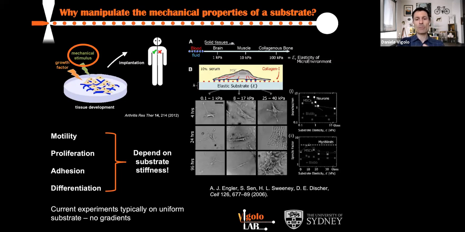So if you remember the example I mentioned at the very beginning of my talk in terms of the tissue connecting the tendon to the bones, this is a very small tissue, just hundreds of microns, where the structure is changing dramatically across that kind of size. So creating gradients is one of the ways that nature uses to essentially guide the development of the tissue itself. So we were really fascinated by the possibility to create gradients and control gradients and use these gradients to guide cells. And so in order to do this, we wanted to develop a gradient material at a very small scale. So how to do this?